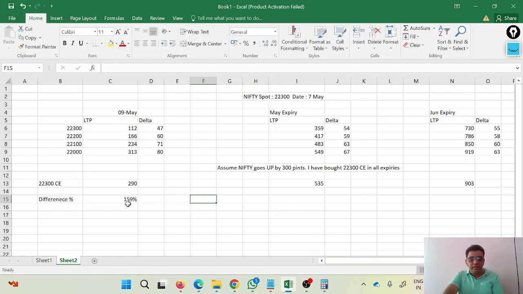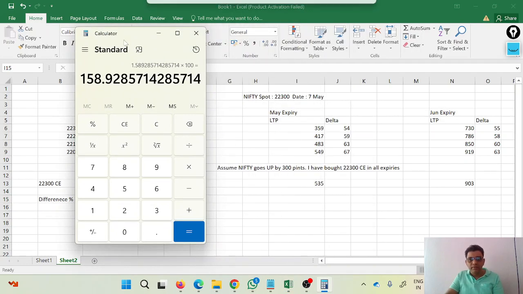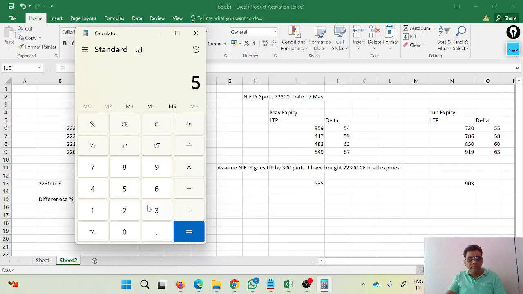Okay. Then here, what is this difference? 535, this is the final value, minus 359, divided by 359, multiplied by 100. So it has increased by 49%.